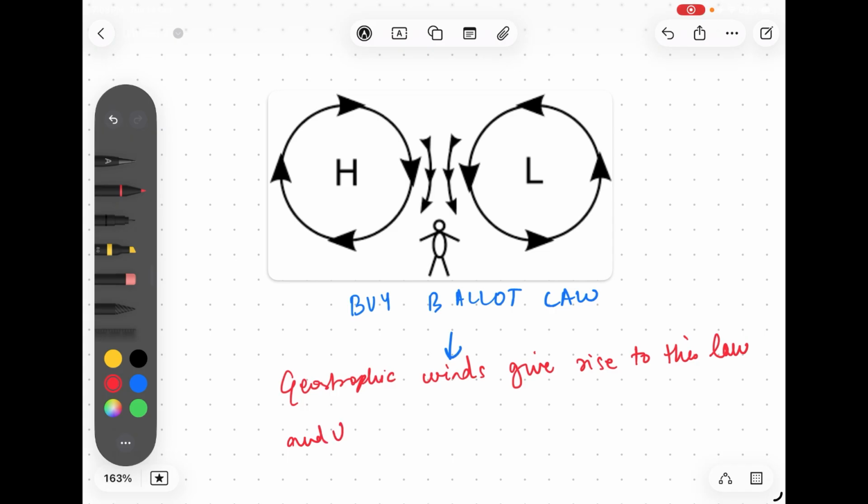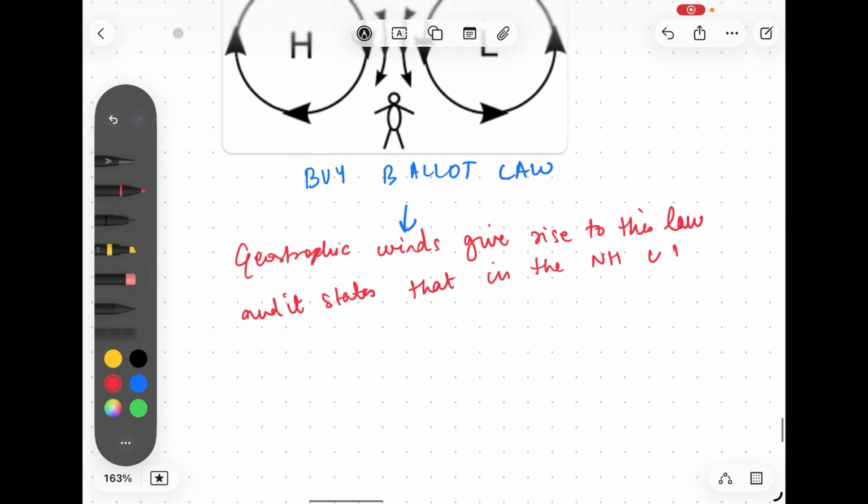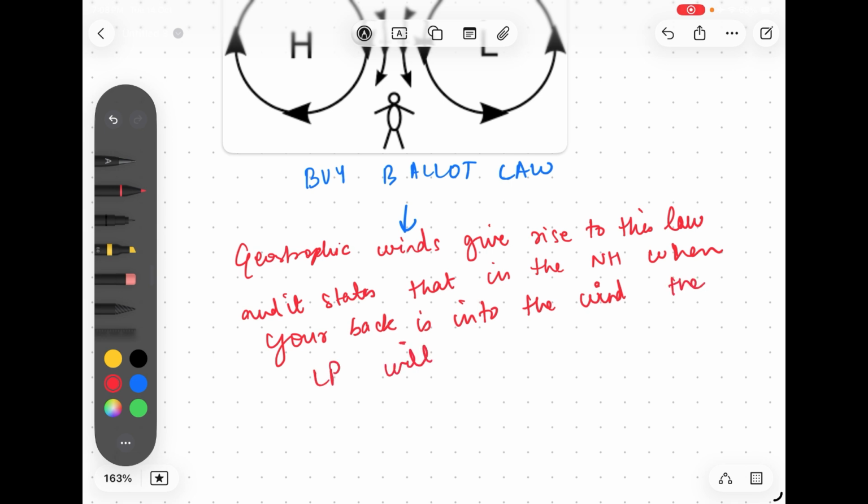And it states that in the northern hemisphere, when your back is into the wind, I'll explain you with this diagram that I have, the low pressure will be on your left side.